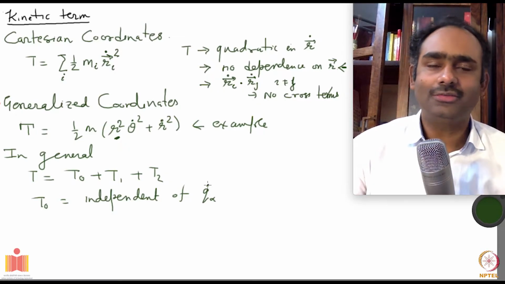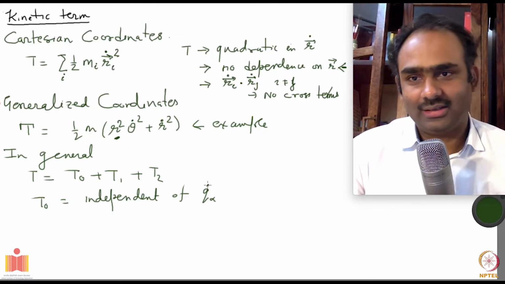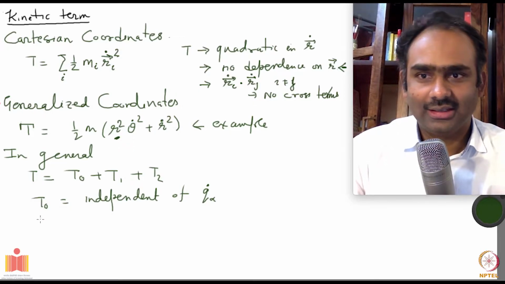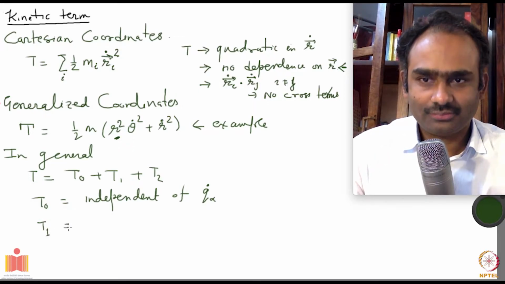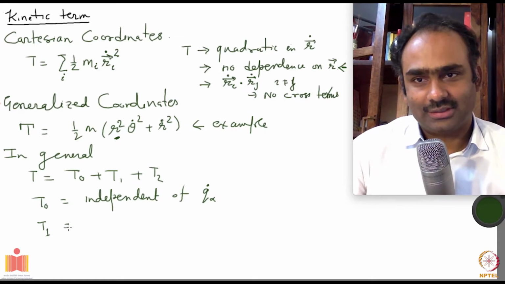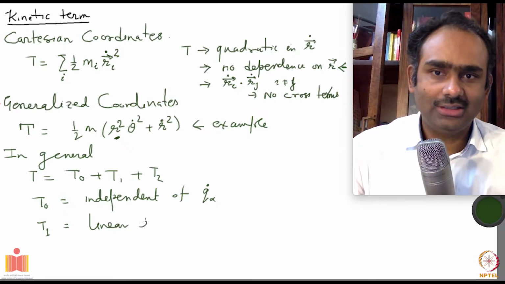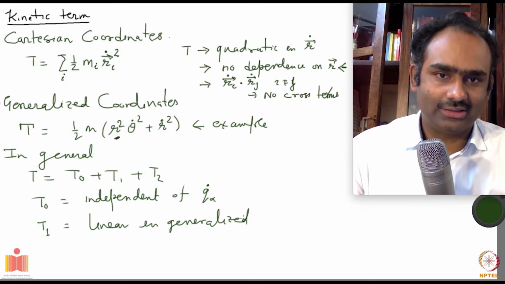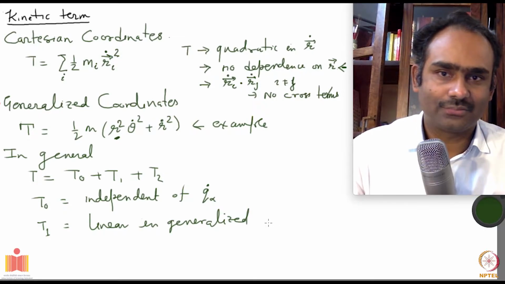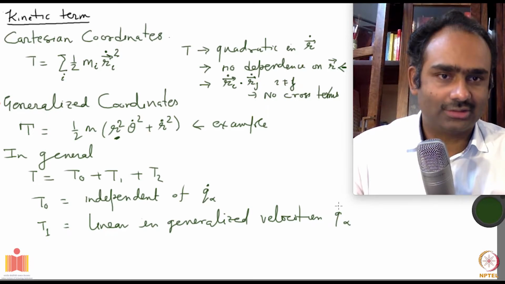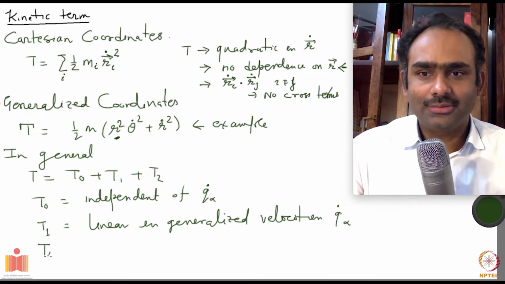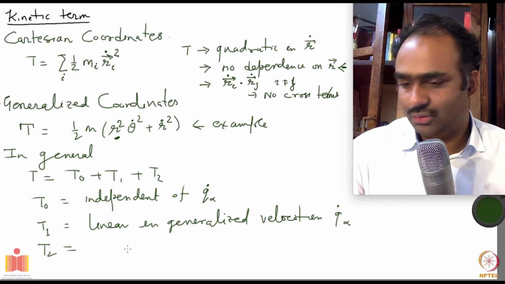So it will be independent of all the generalized velocities, and that is what 0 signifies. T1 is a term which will be linear in generalized velocities, which are q alpha dots. Then T2 will be quadratic in q dots.